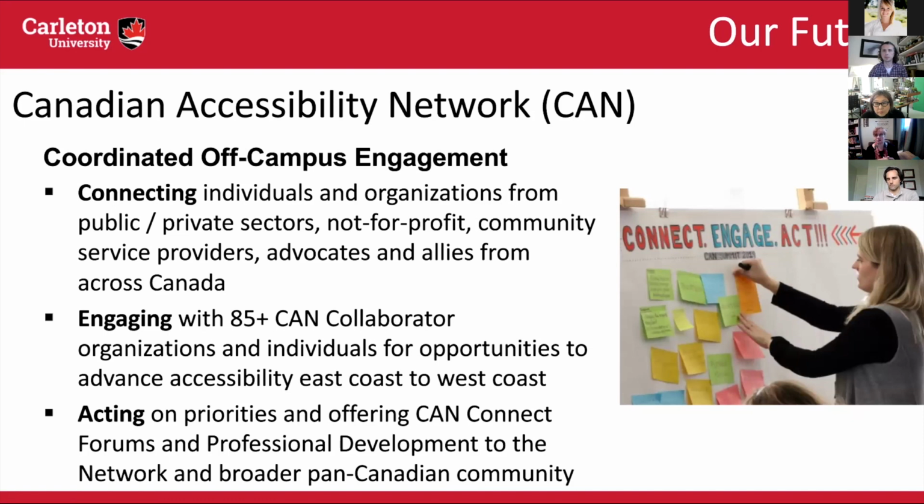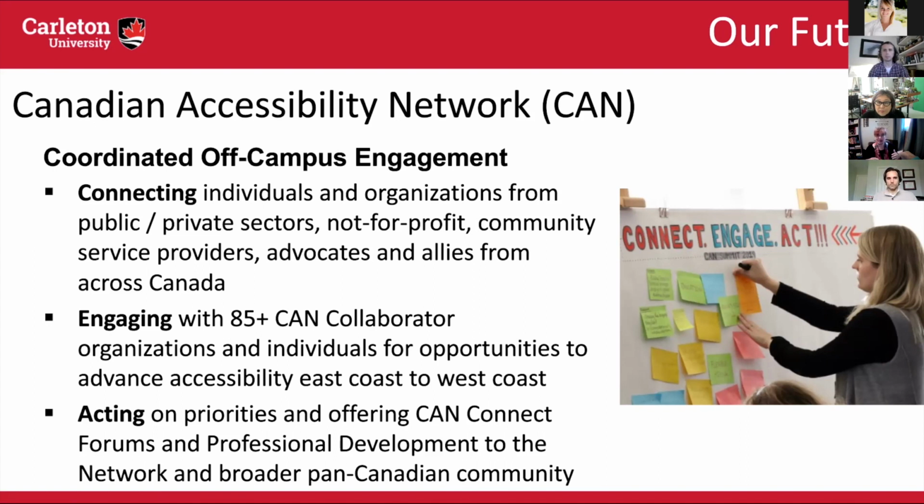And so you see these three words: connect, engage, and act. And so those are sort of the premise of what we do. From a connecting perspective, this network involves individuals and organizations from both public and private sectors, not-for-profit, community service providers, advocates, and allies from across Canada.